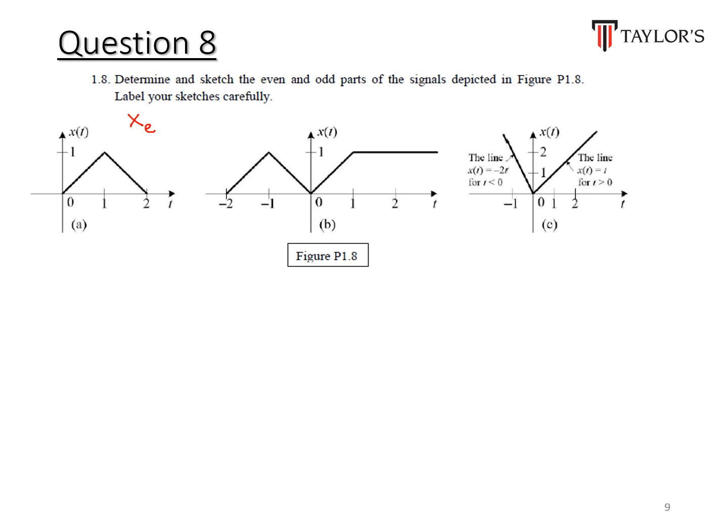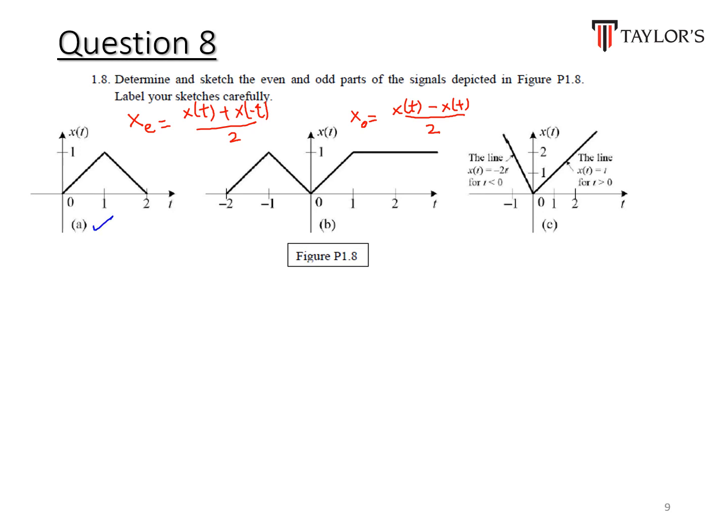The even part is (x(t) + x(-t)) divided by 2, and the odd part is given by (x(t) - x(-t)) divided by 2. So let us take an example of these questions.